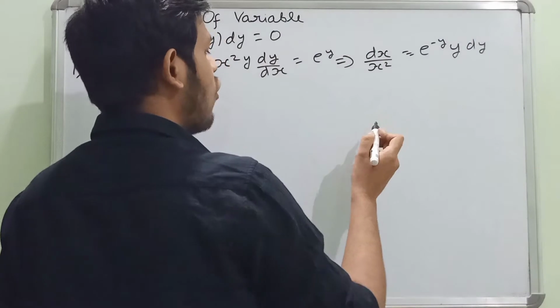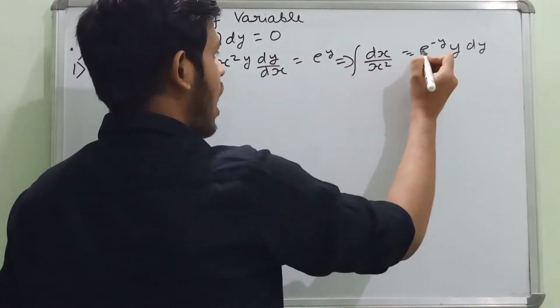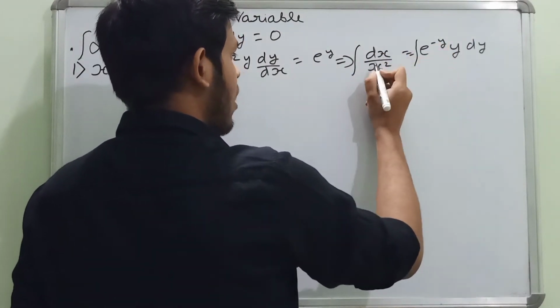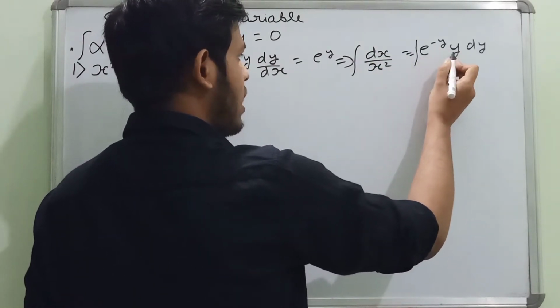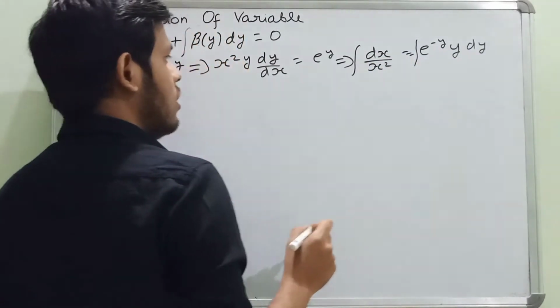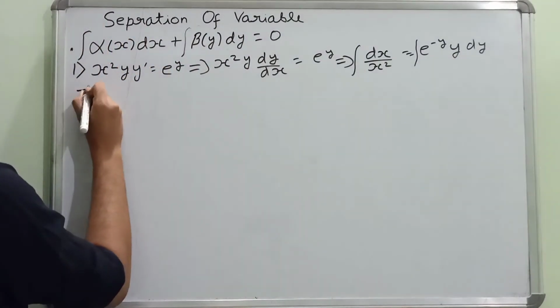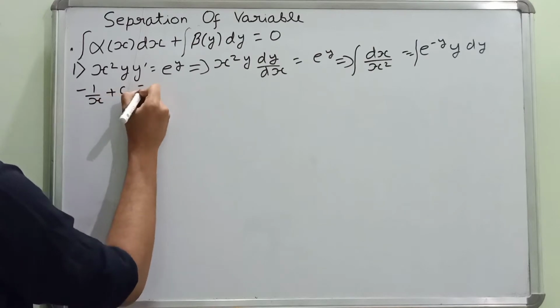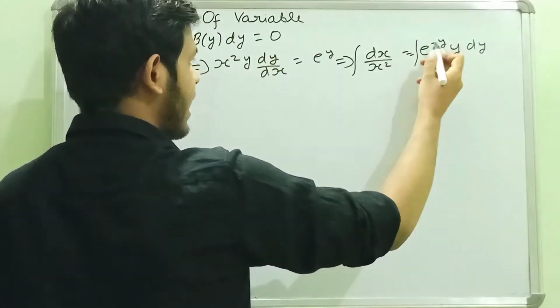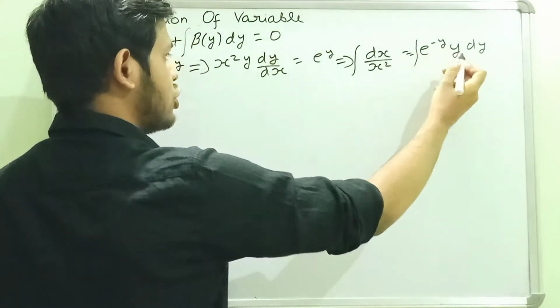Now we have to integrate 1 upon x square with respect to x and e to the power minus y into y with respect to y. So let's integrate it. It will be minus 1 by x plus c, and for the right side we have to apply integration by parts.